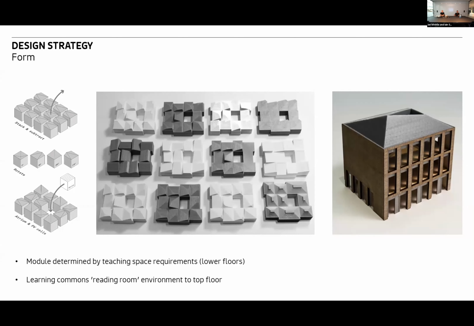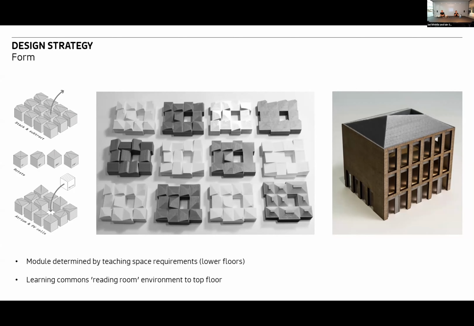So specific types of teaching space to support the ways in which the university wanted to teach in the future, cafe, social and amenity space, and a very large requirement for learning commons space, which is not something that Durham's done a great deal of in the past. The college has really provided spaces for students to study.